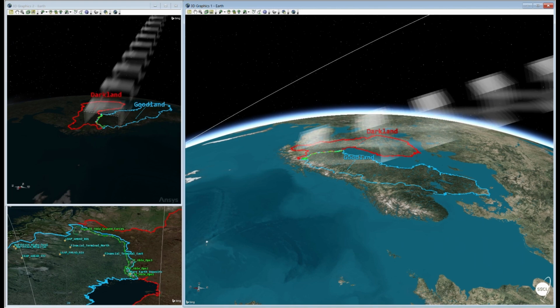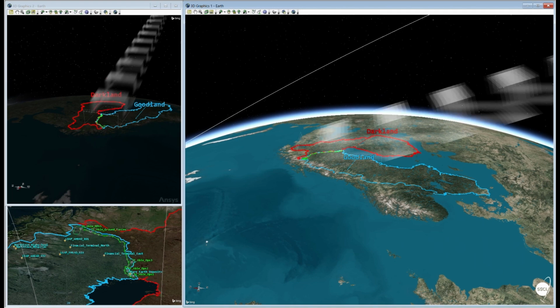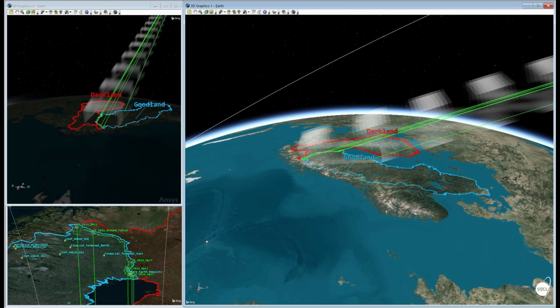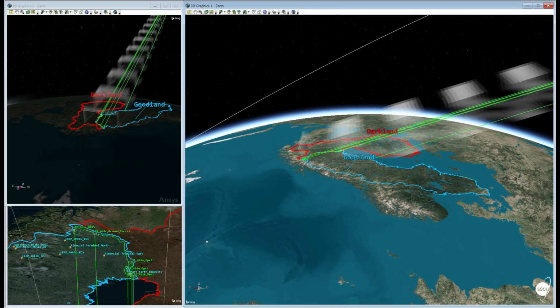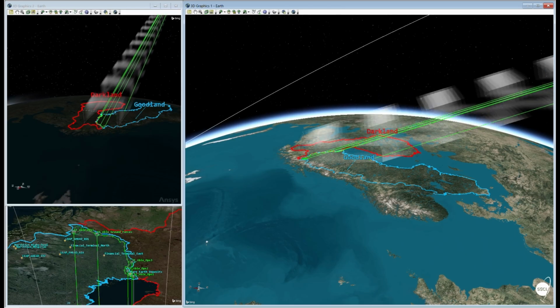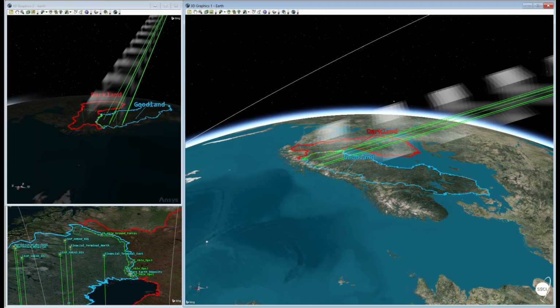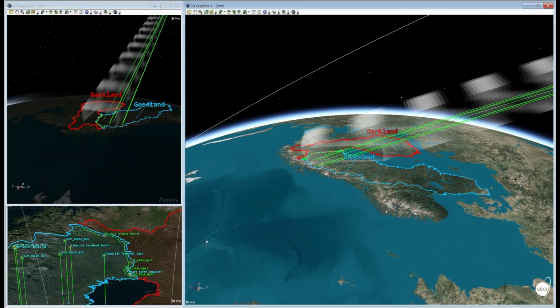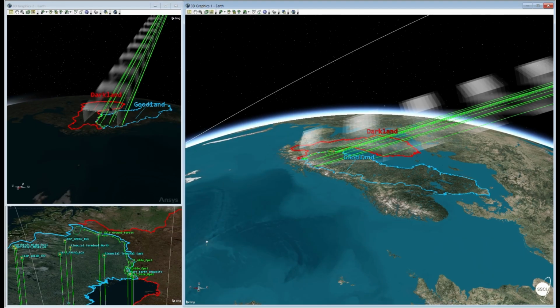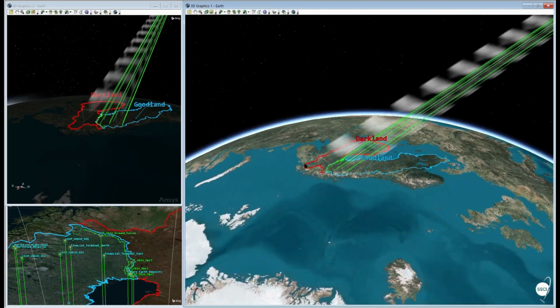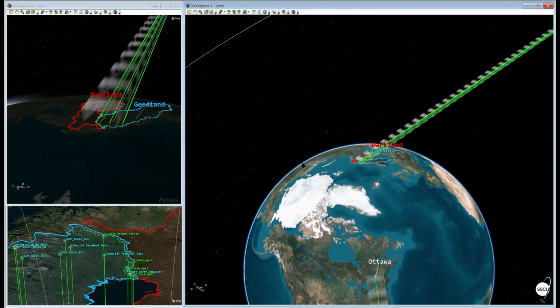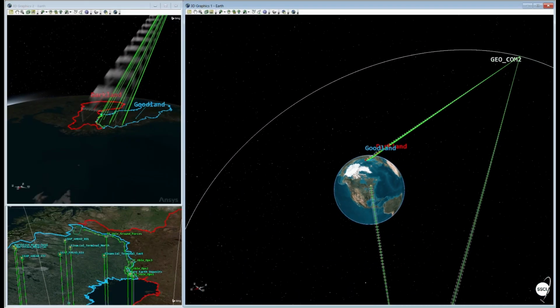However, that same concentration creates risk. When a single satellite supports a large geographic area, disruption affects everyone within the footprint, military and civilian alike. The key takeaway here is that GEO provides persistence and scale, but concentrates risk.